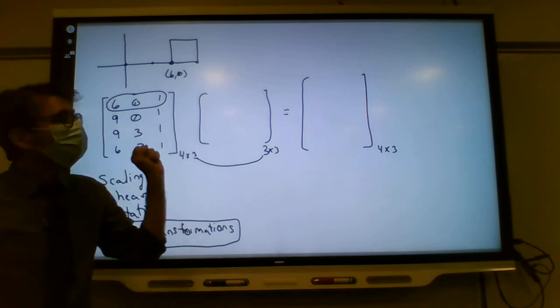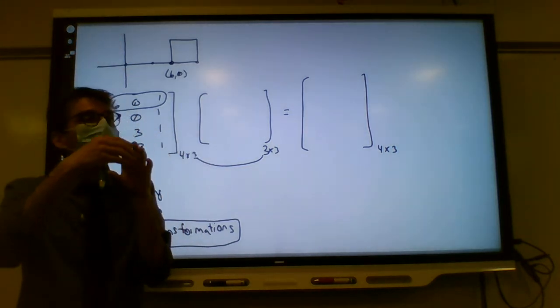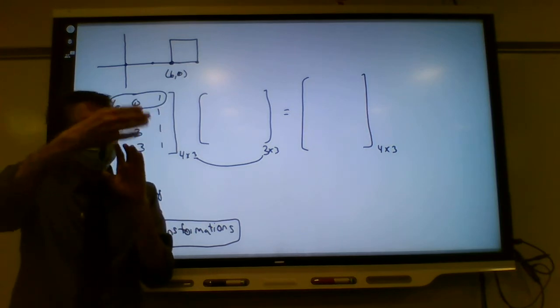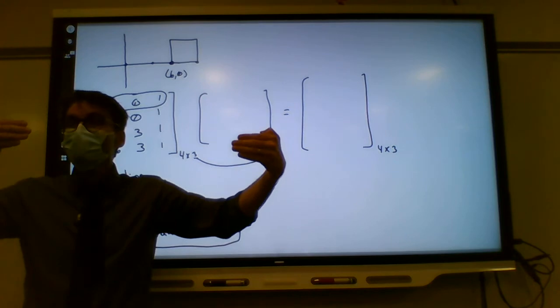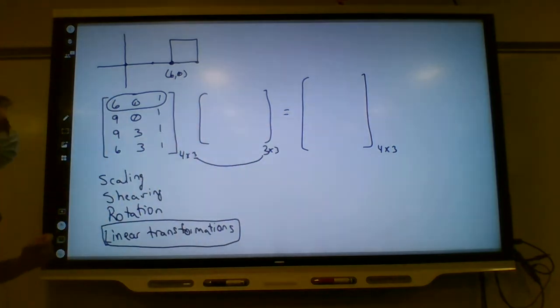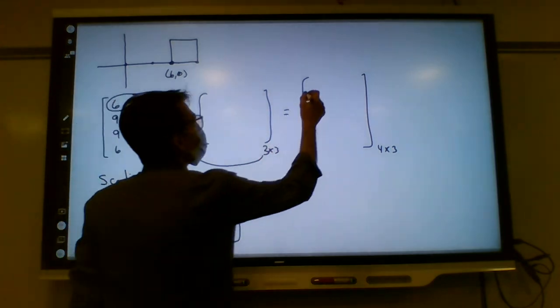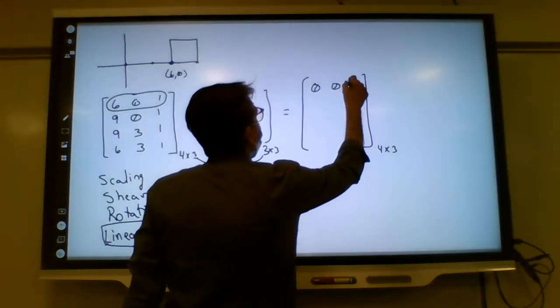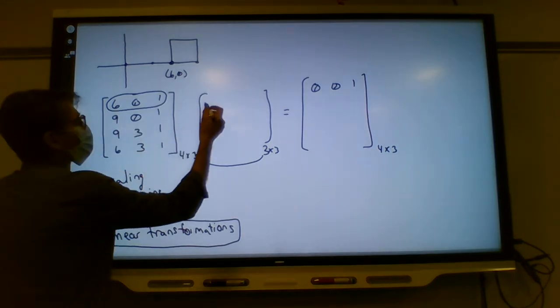So we don't want to change anything in the y direction, and we don't want to change anything about the z value, right? We want that to stay out on that same plane. All right, so what do we do? How do we turn 6, 0, 1 into 0, 0, 1? That's our goal. Let's think about what we have to do.